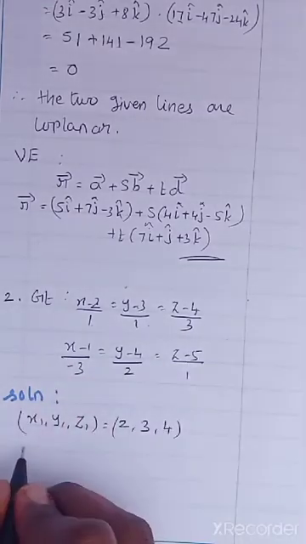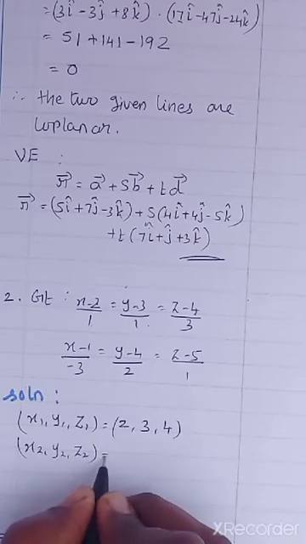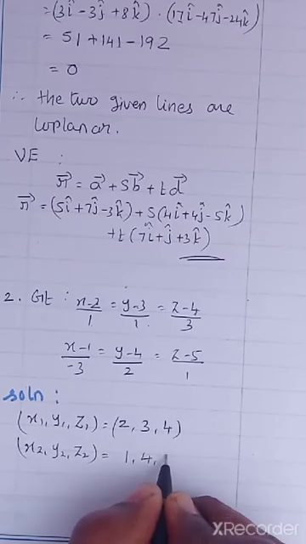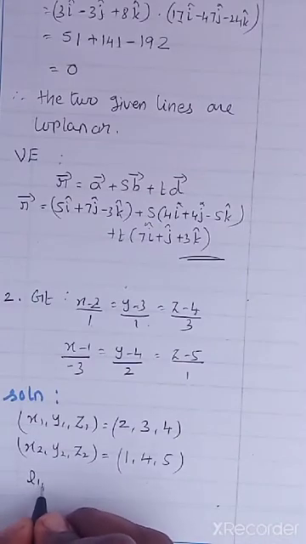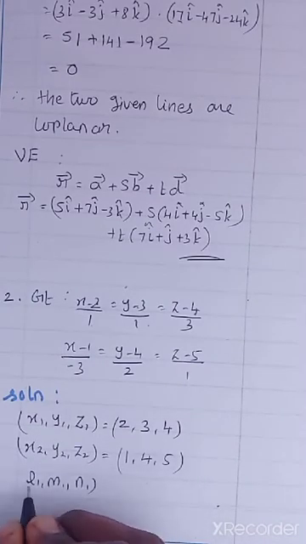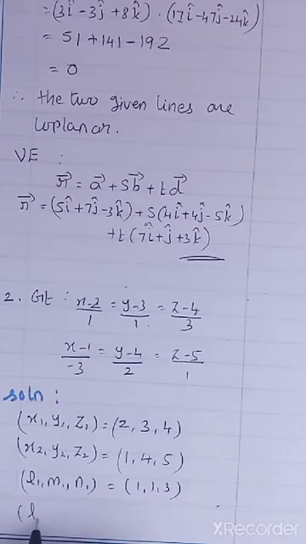And for the second line, x2, y2, z2 is equal to 1, 4, 5. The vector L1, M1, N1 is equal to 1, 1, 3, and L2, M2, N2 is equal to minus 3, 2, 1.